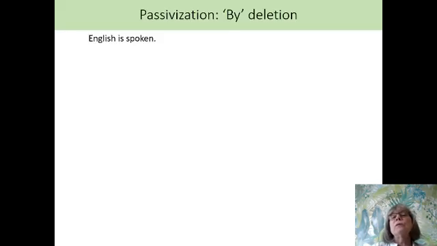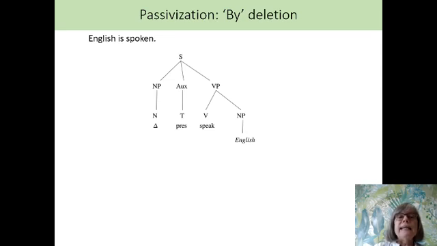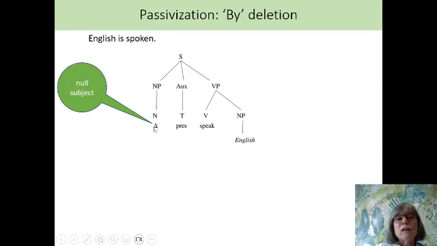There is another transformation that can occur, which is by deletion. You know, we often see signs like this. English is spoken. Again, the active counterpart, notice here that we have something called a null subject, because we don't know from the surface form who's doing the speaking. So we can use this little triangle to indicate a null subject, right?